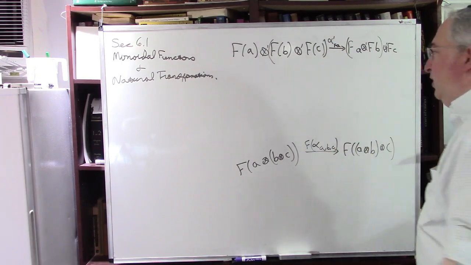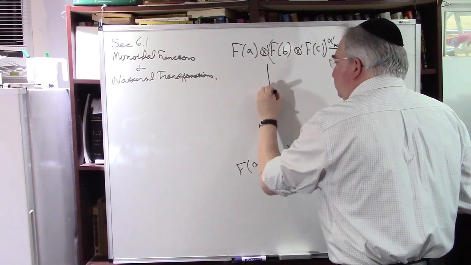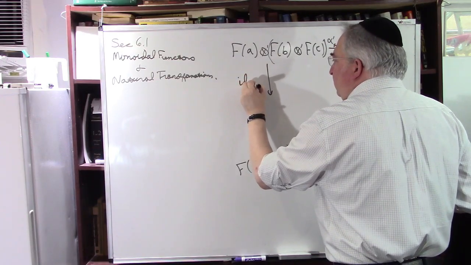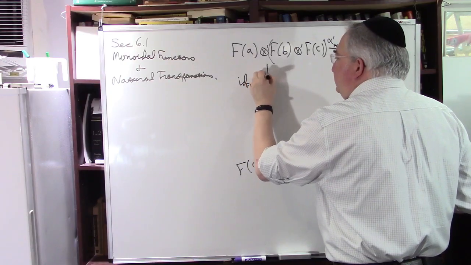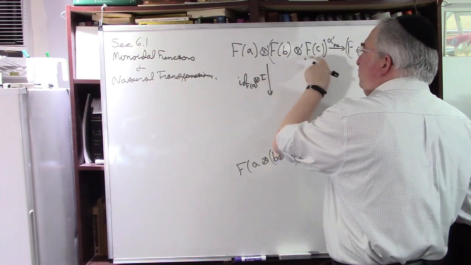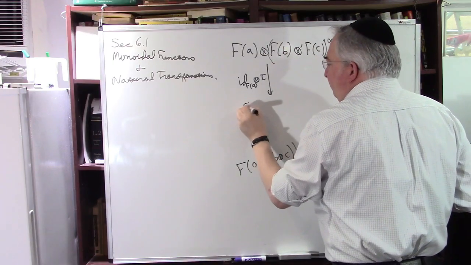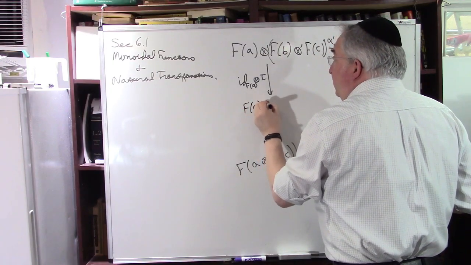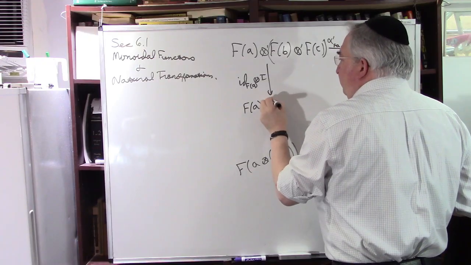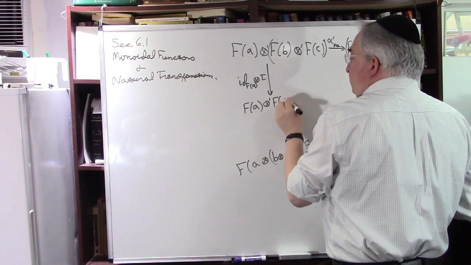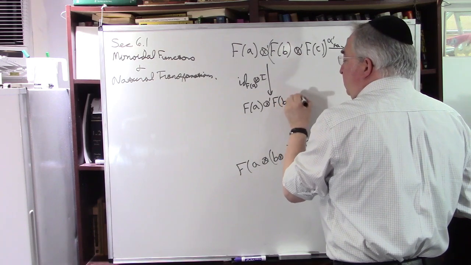We'll leave that out. Okay, now another thing you can do is as follows. This is identity on F of A, tensor tau. Okay, and let's bring these two things together. Let's funnel these two things together. So we're going to get F of A, tensor prime of F of, now bring them together. So that's B tensor C, like that.